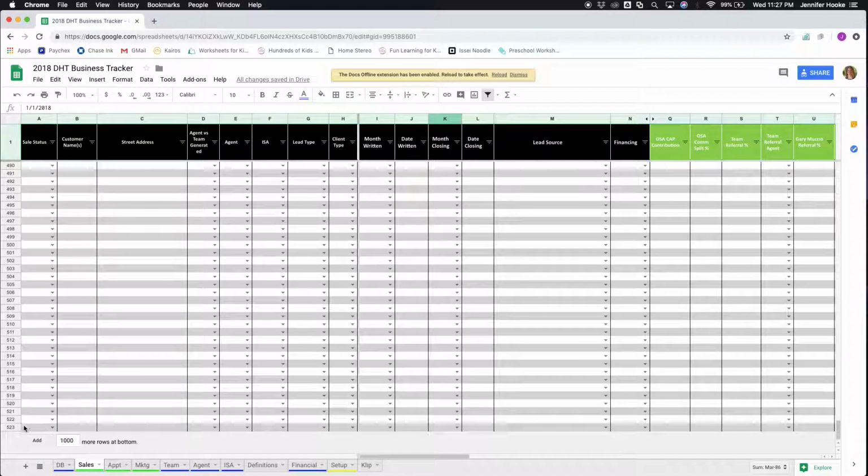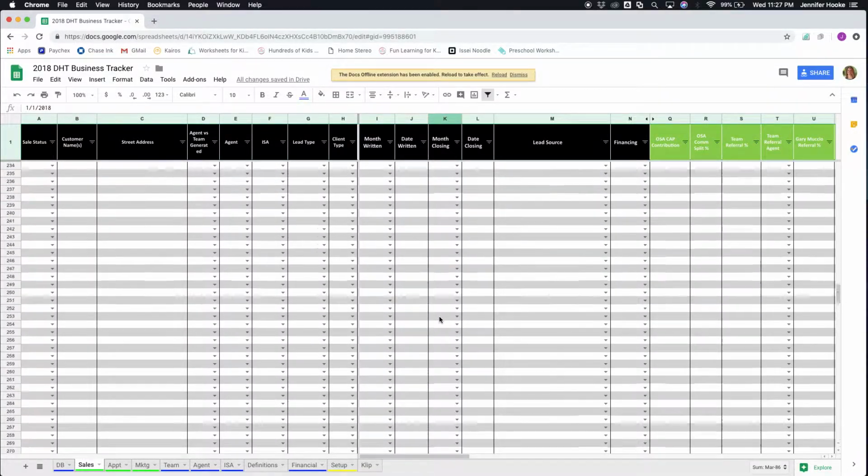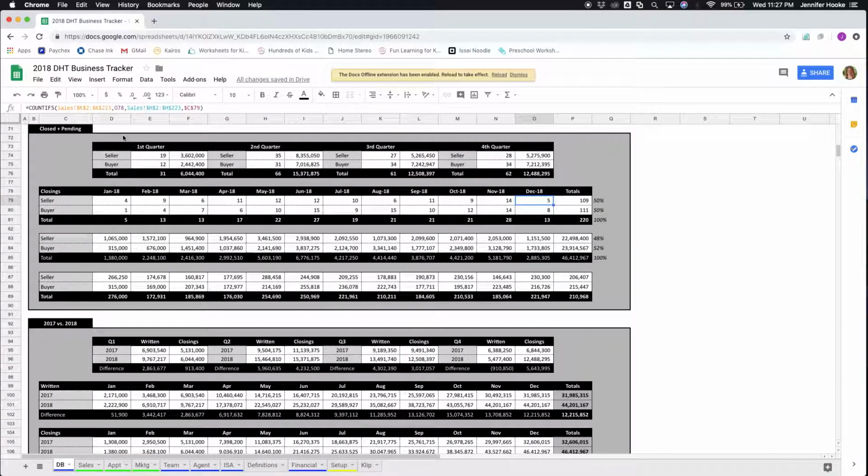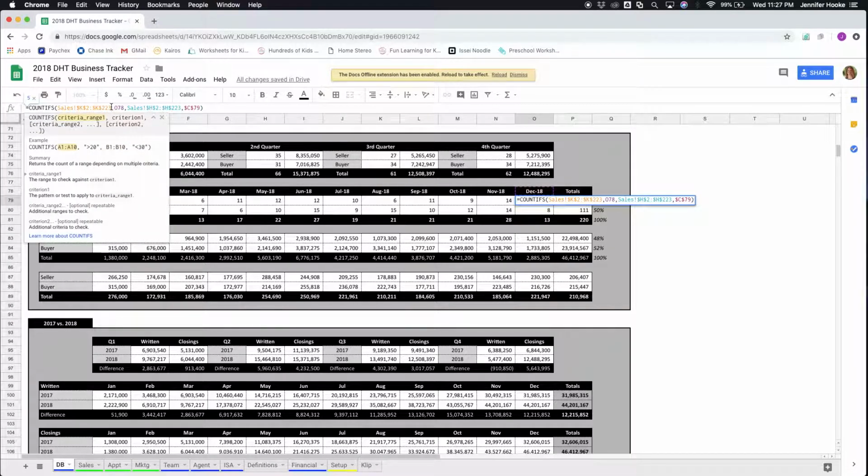So I can expand it down to 523, and even if there's no information in the cells for the formula, it's still going to count what it has information for. So if I go back here to the formula, instead of doing it down to row 223, if I expand it the whole way to 523, that will include all of the transactions, including future transactions that you put in to the sales input sheet.